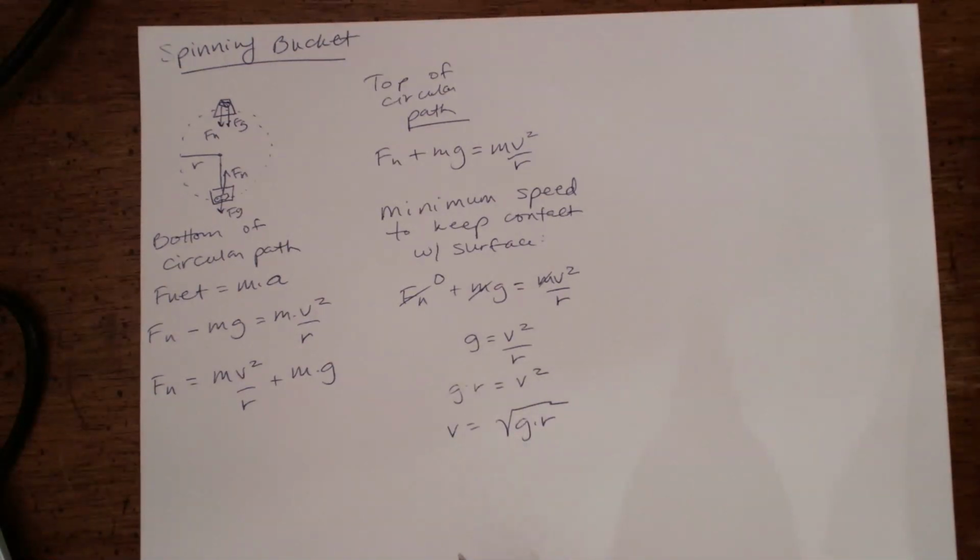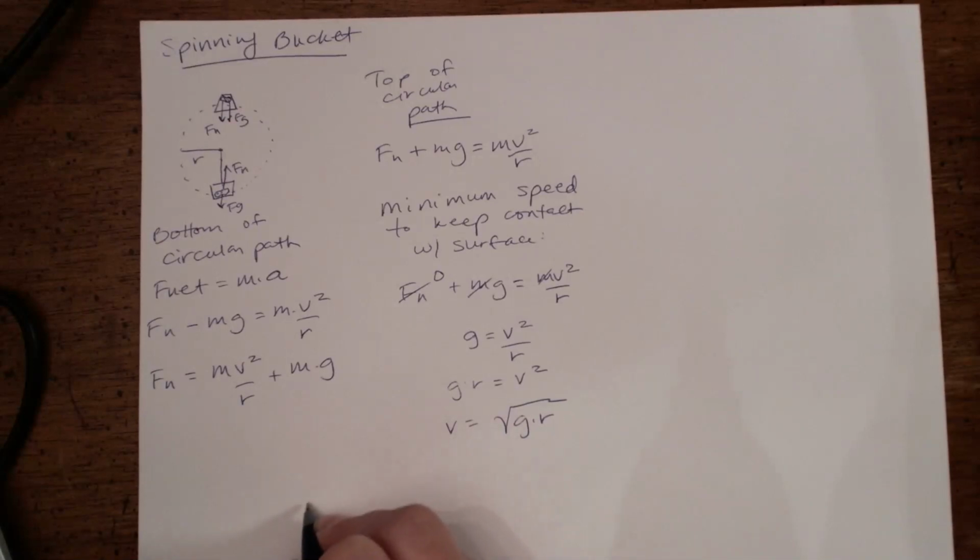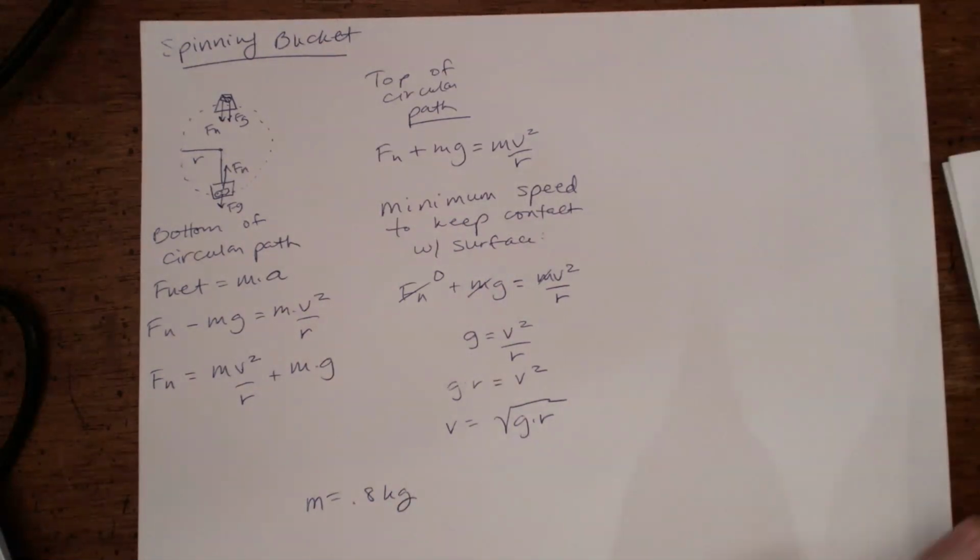So let's put a few numbers in here. Let's say that we've got an object that's got a mass of, well, let's say 0.08 kilograms.